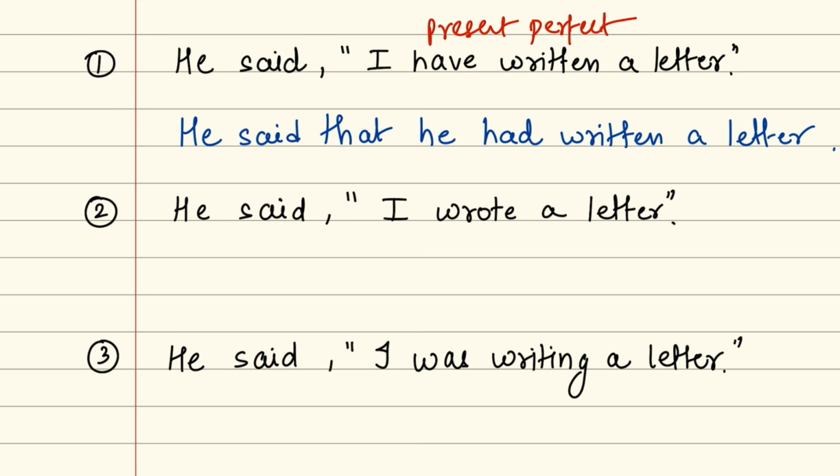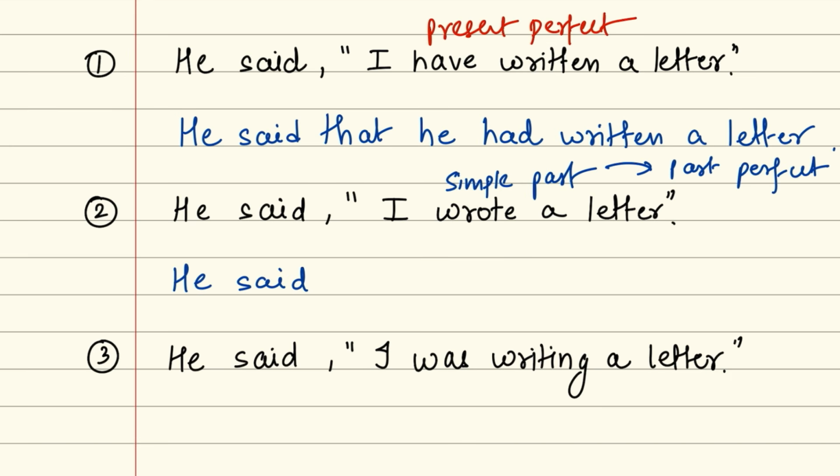He said, I wrote a letter. So this is simple past. Simple past changes to past perfect, right? So here the answer will be, he said that he had written a letter.